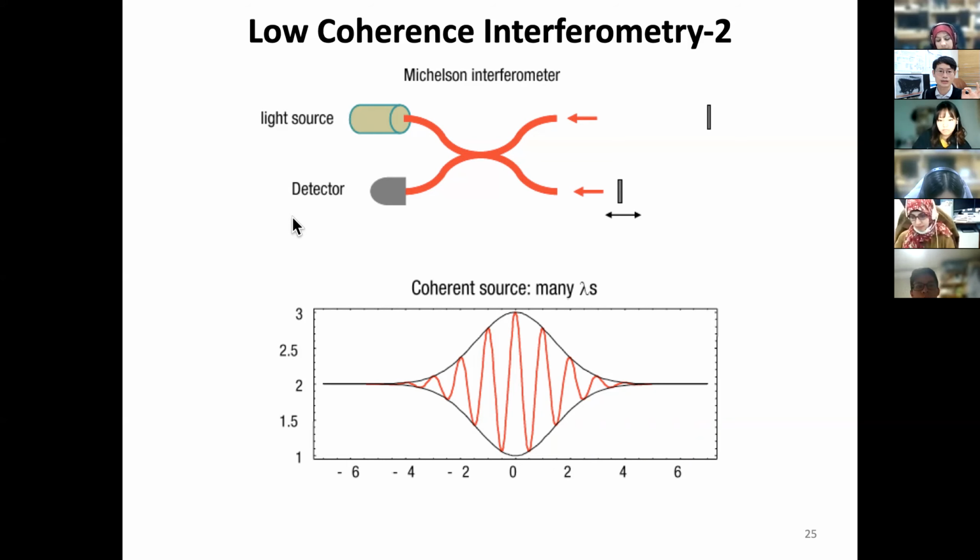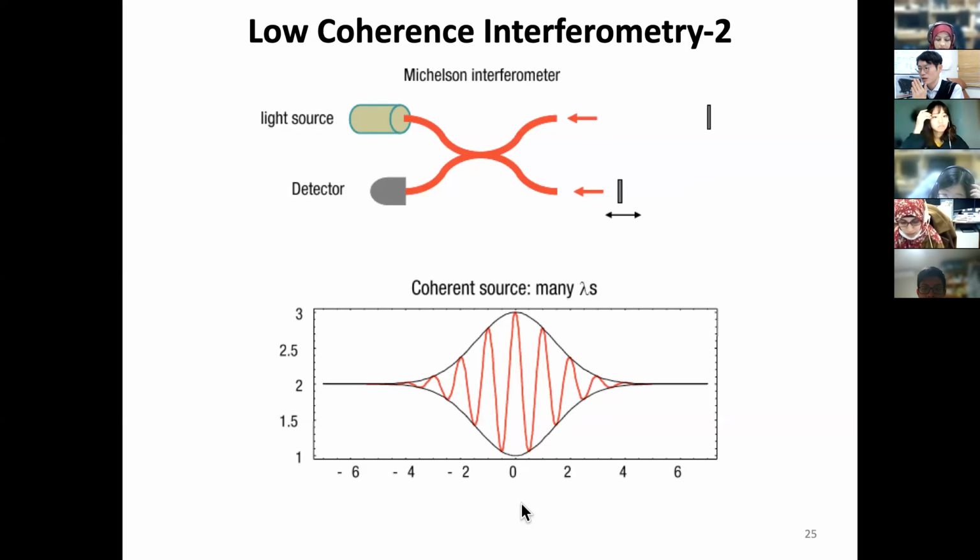Now you can actually see, looking at this sample, we are talking about optical ranging. When I move the reference arm here, there is too much difference. When you move it down to almost the same distance, now you will see this interference.